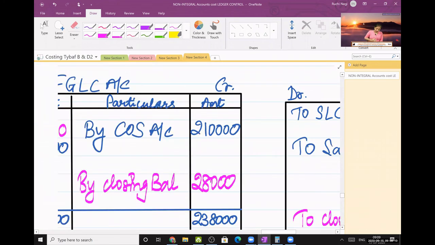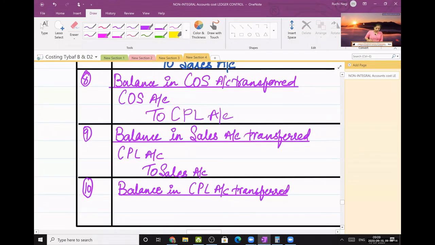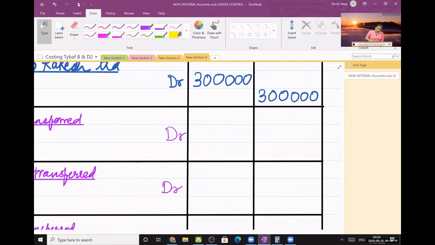So we will have to transfer those entries. Journal entry number 8, balance in COS account transferred, COS to CPL. Write here the value. 2,50,000.